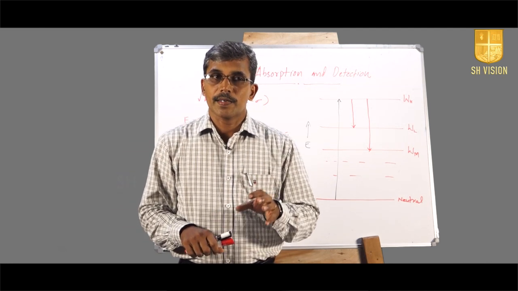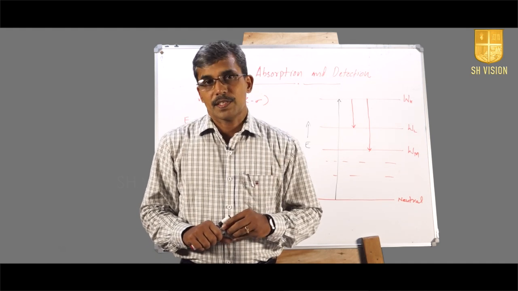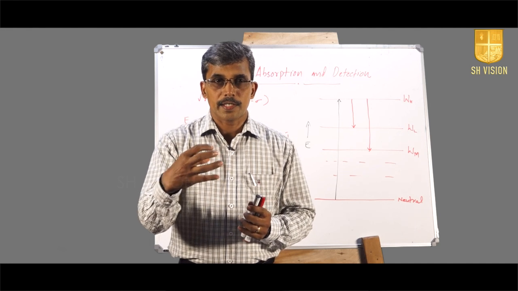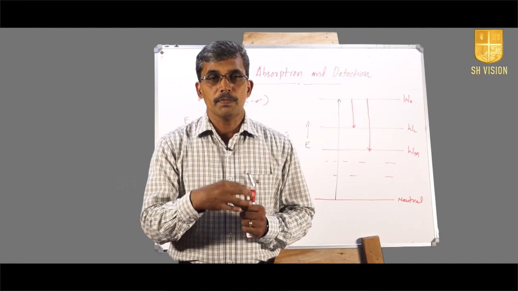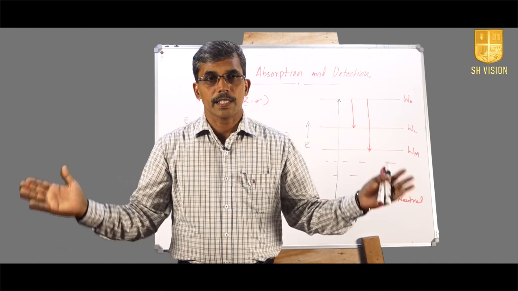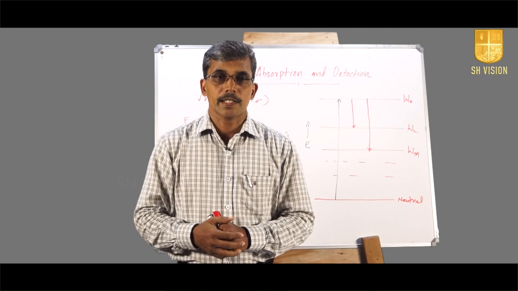These problems are not seen in the case of counters or the ionization chamber. In an ionization chamber, X-ray can ionize gas. If it is allowed to pass through a gas, the gas will be ionized and converted into positive and negative ions. Imagine we have an X-ray ionization chamber, a tube within which some suitable gas is taken, and there are two electrodes connected outside to a meter, a current detecting device.